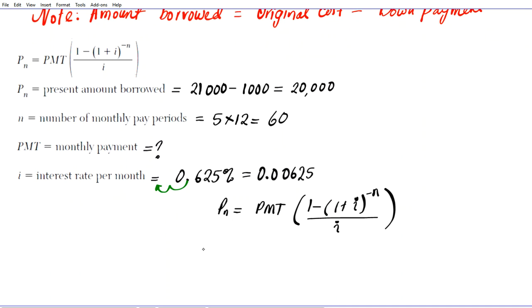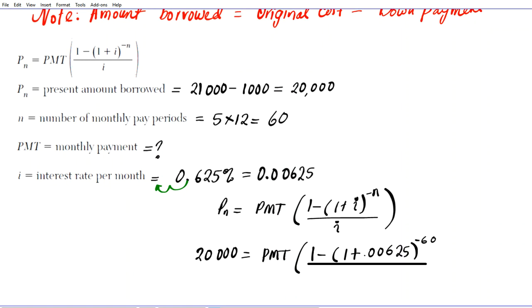P sub n is 20,000 equals PMT, which is unknown, times (1 minus (1 plus the interest of 0.00625) raised to the number of months, negative 60), divided by your interest, which is 0.00625.